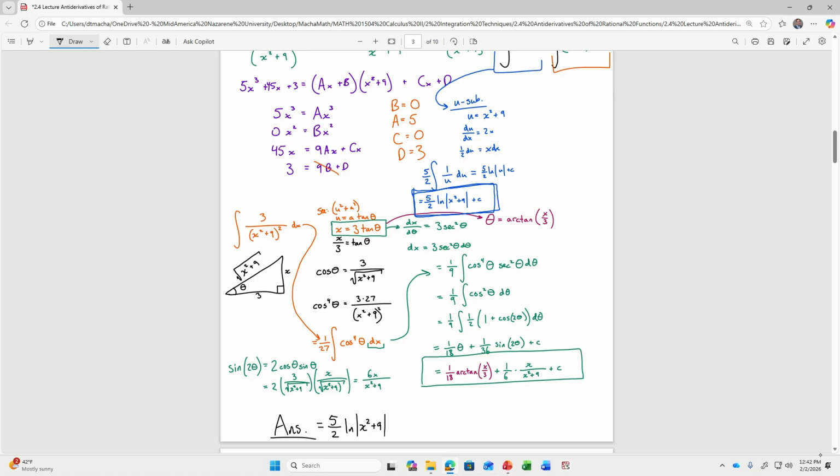So I write 5 halves natural log of x squared plus 9 plus 1 over 18 arctangent x over 3 plus 1/6 x over x squared plus 9 plus c.